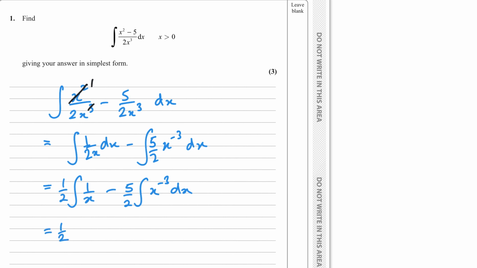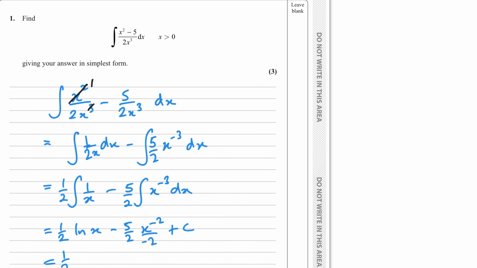So from here it's nice and easy. We've got a half integrating 1 over x. That's x to the minus 1, so that will mean we've got an ln x. And we've got minus 5 over 2, and then x to the minus 3. I need to add 1 to the power, so x to the minus 2, and divide by that new power.